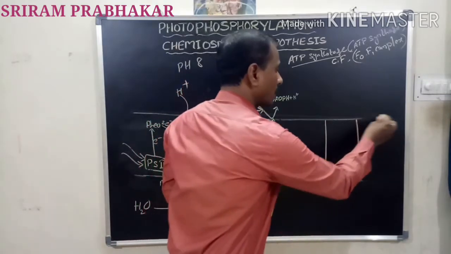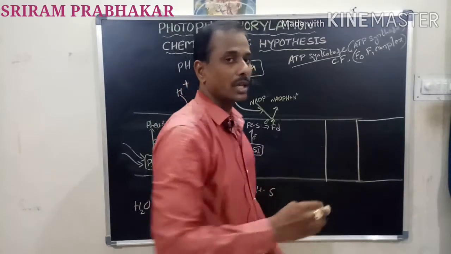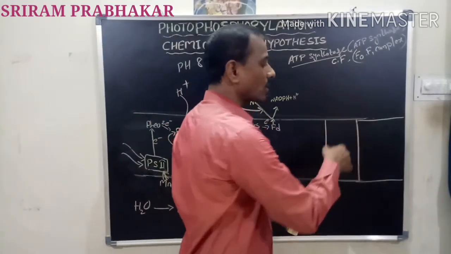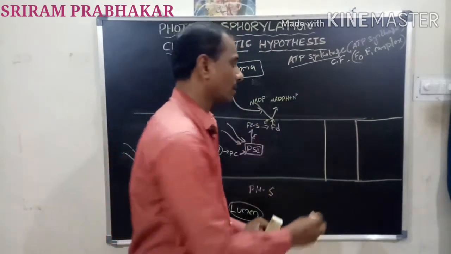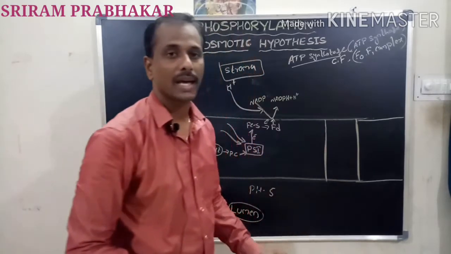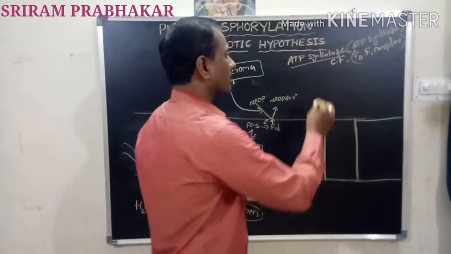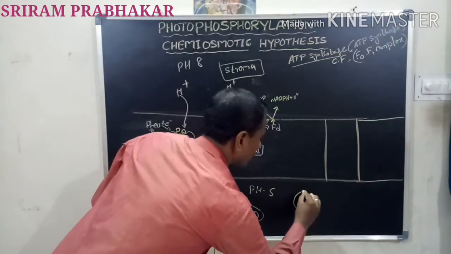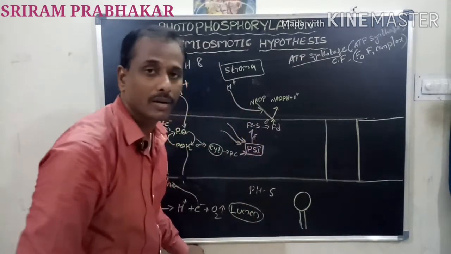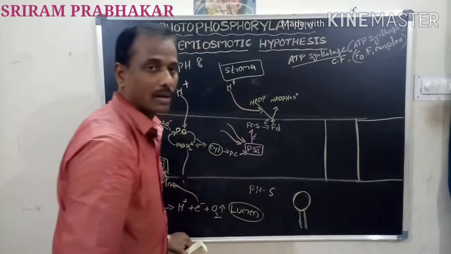Here the ATP synthetase is present in the membrane. This protein complex consists of two parts. The shape of this complex is like a shuttle racket: a round head with a long stalk.